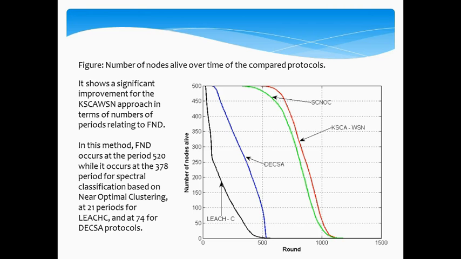In this method, the FND occurs at period 520, while it occurs at 378 for spectral classification based near optimal clustering, 21 for LEACH-C clustering, and 74 for DECSA protocols. So this shows that our algorithm has much better performance in terms of FND also.